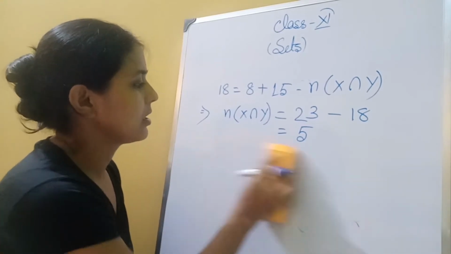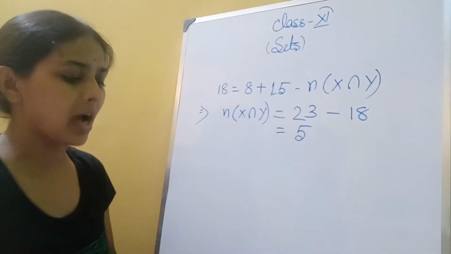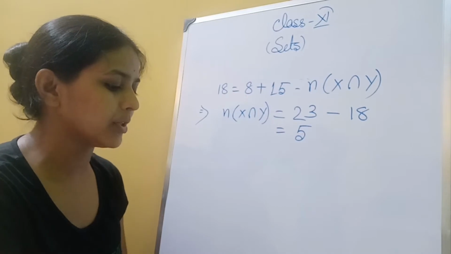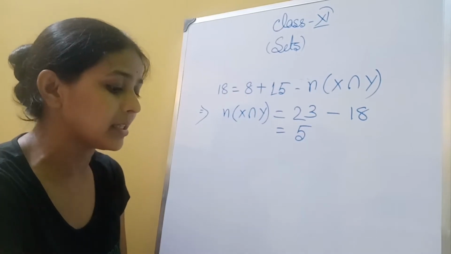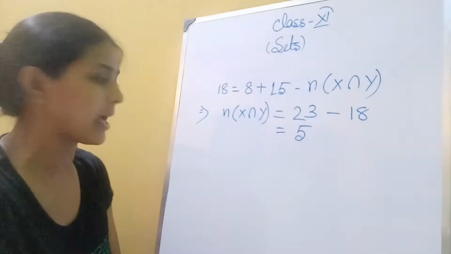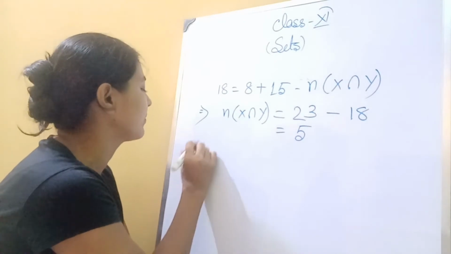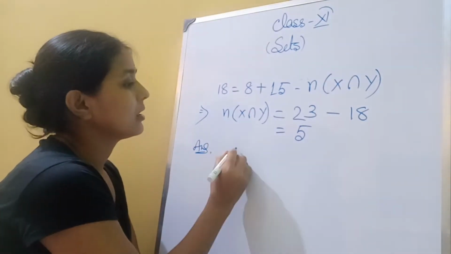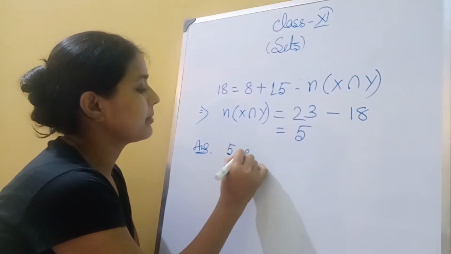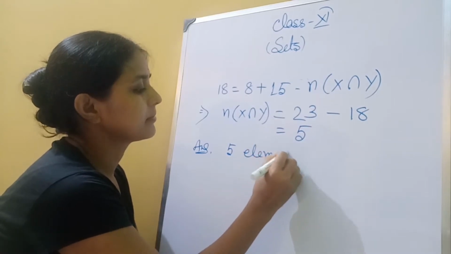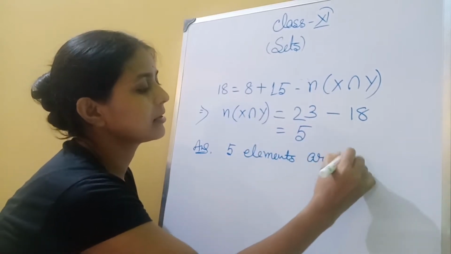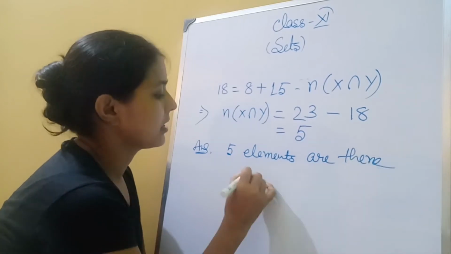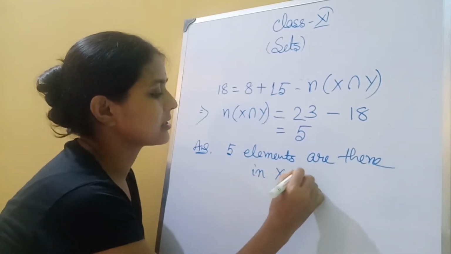Okay, so we have got our answer. The question was how many elements does X intersection Y have? So the answer is 5 elements are there in X intersection Y.